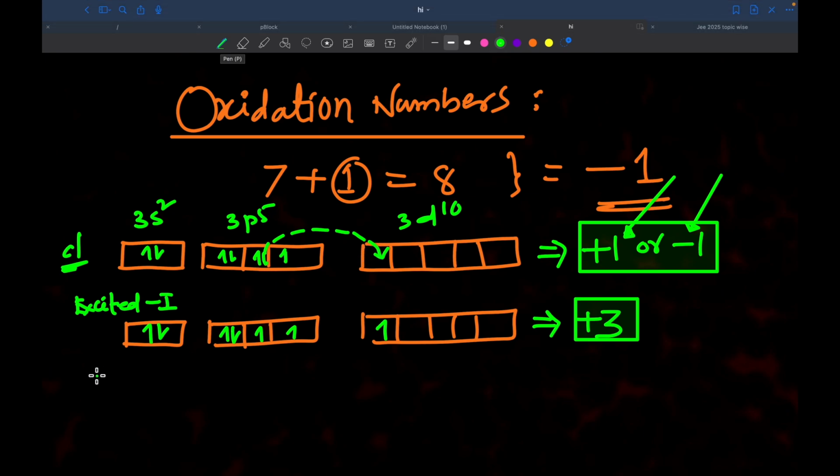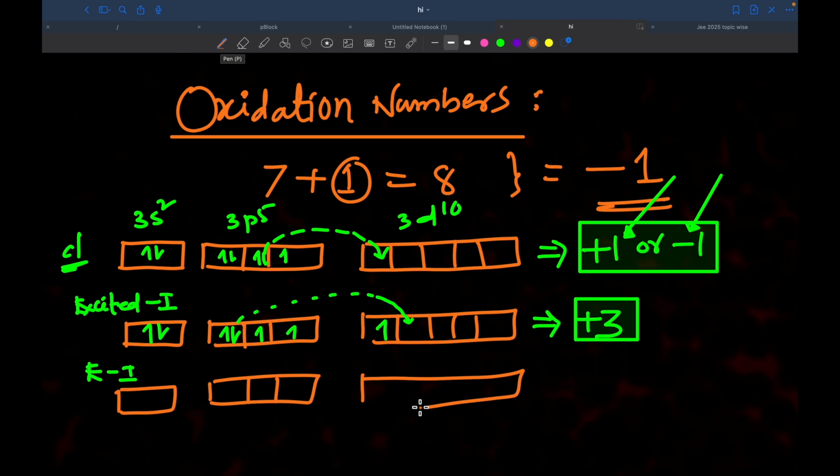Next we go to excited state 2, where another electron also jumps into the d orbital. What kind of configuration can we see here? Two electrons are here, two electrons are here. This is the p orbital with 3 boxes, and this is the d orbital with 5 boxes, right? 1, 2, 3, 4, 5. These two electrons are as such, they are not changed.